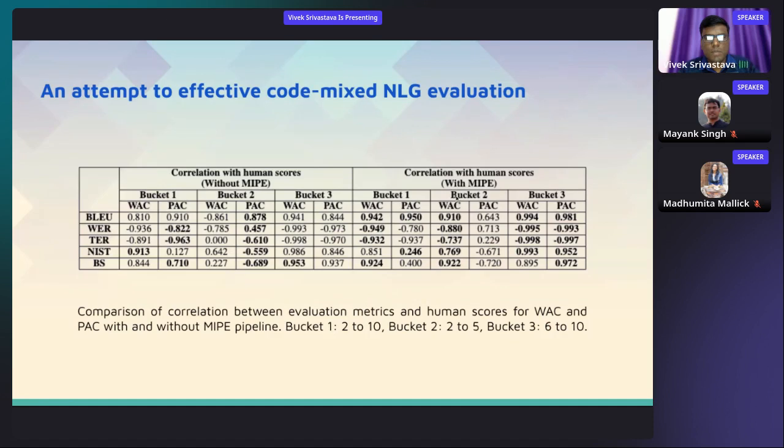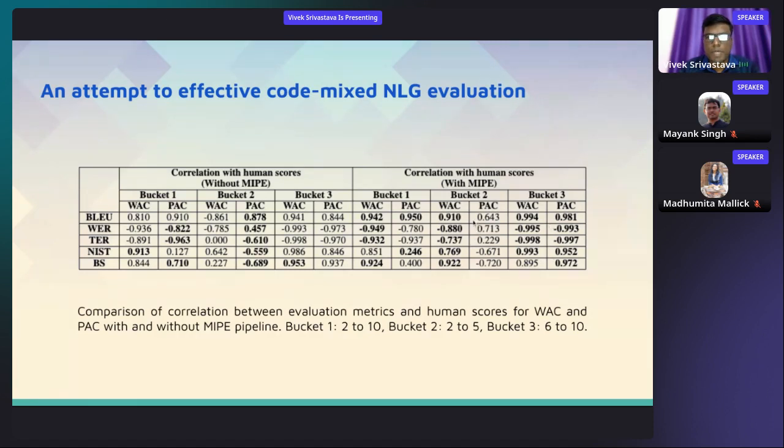Once you apply this pipeline, the correlation will improve from here to here. So for bucket 1, bucket 3 actually, where we have good quality sentences which are from 6 to 10, we saw that for majority of them we were able to improve the correlation between the metric score and the score which is being assigned by the annotators.